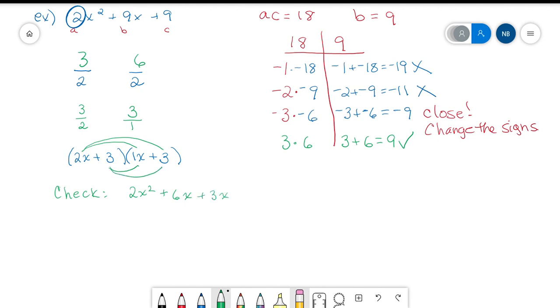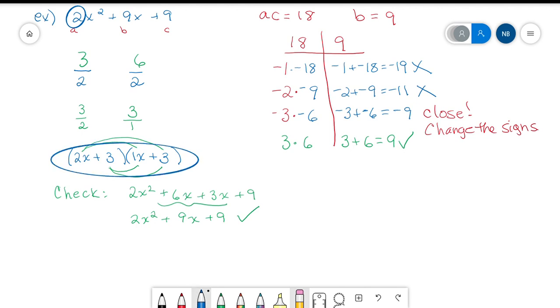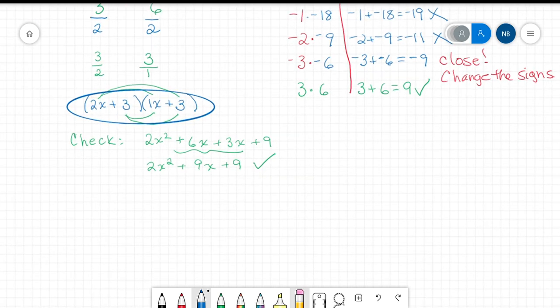And 3 times 3 is positive 9. We combine like terms in the middle and we get 2x squared plus 9x plus 9, which is exactly where we started. So our factored solution is 2x plus 3 times x plus 3. Next example.